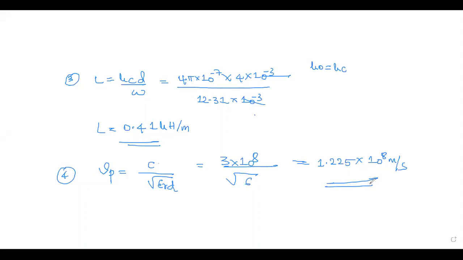You can write down the problem. A microstrip line is constructed of a perfect conductor and a lossless dielectric board.